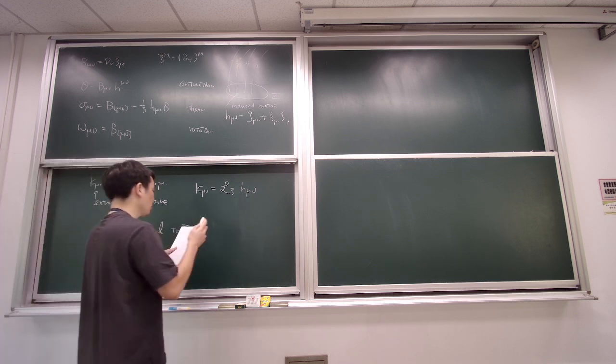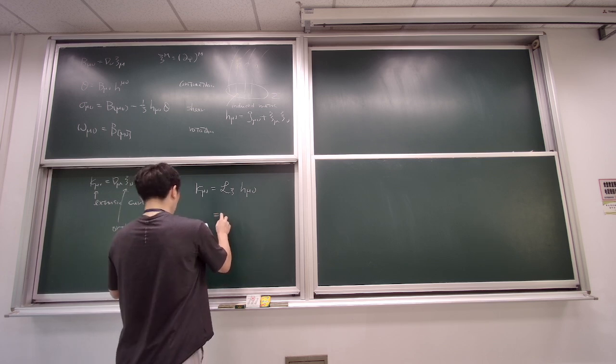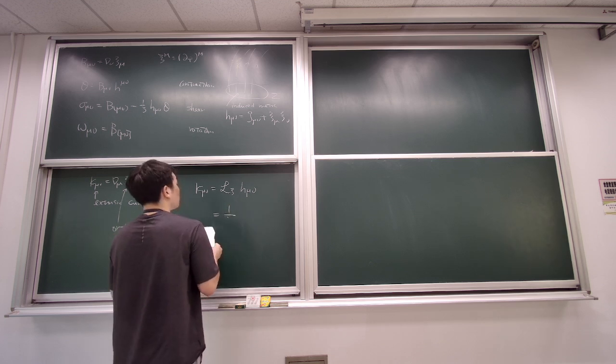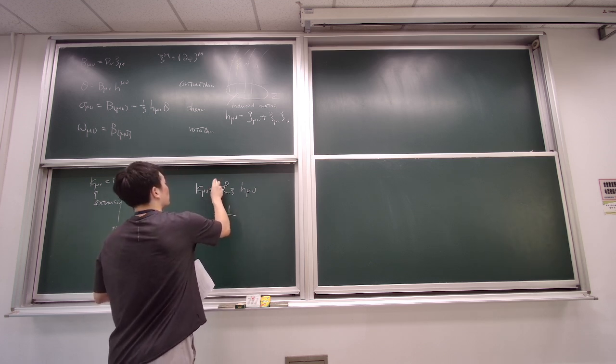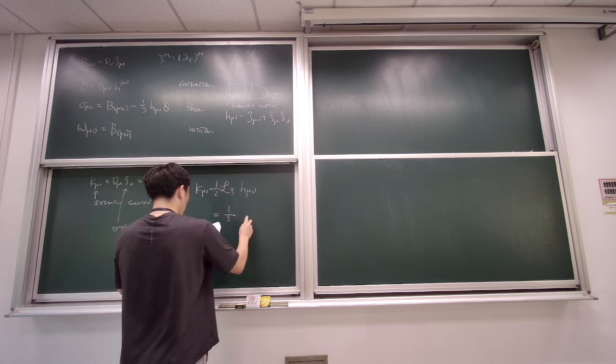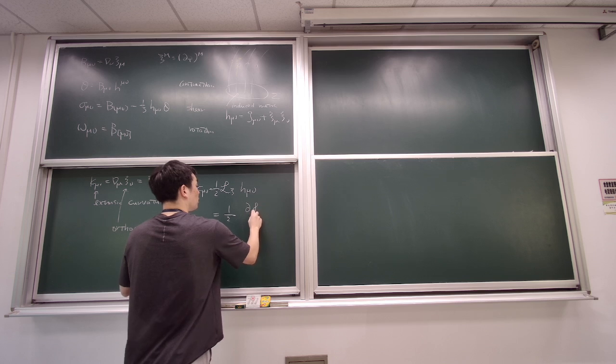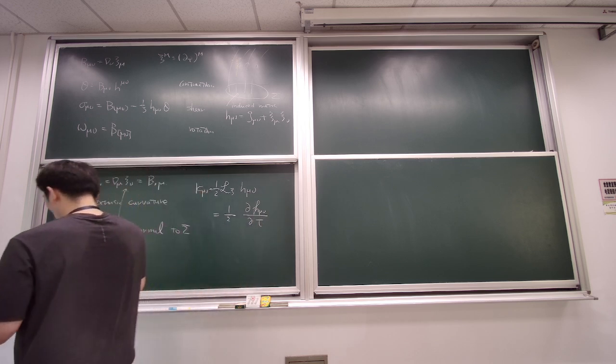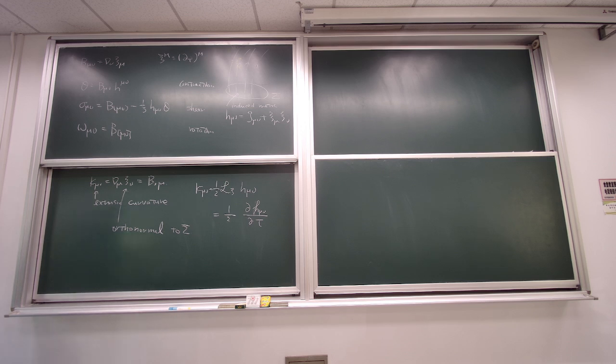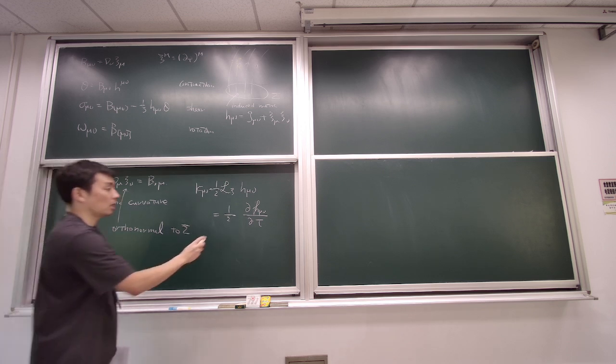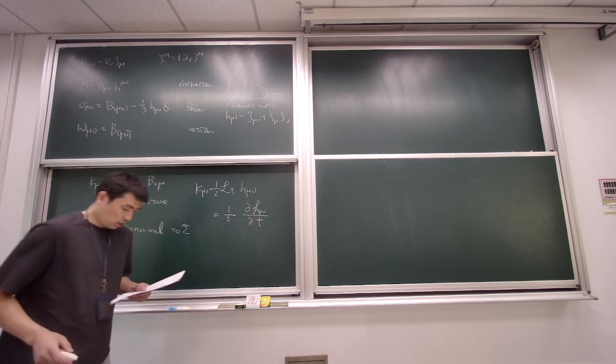And this can be understood as 1/2 times the time derivative along the geodesics of the induced metric h_μν, with respect to the time τ. So that's how the extrinsic curvature is defined.